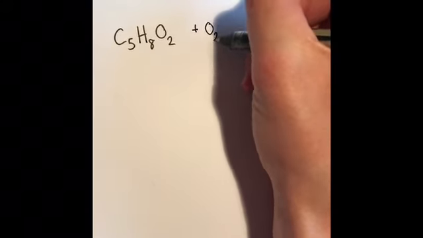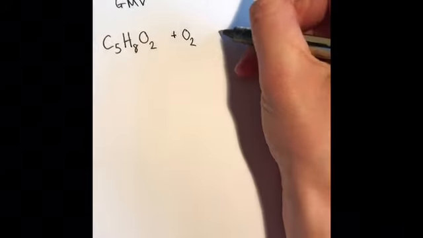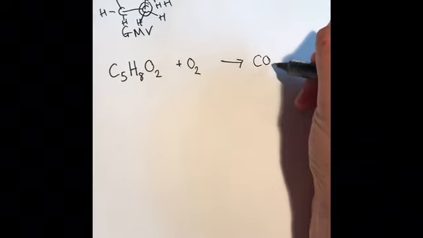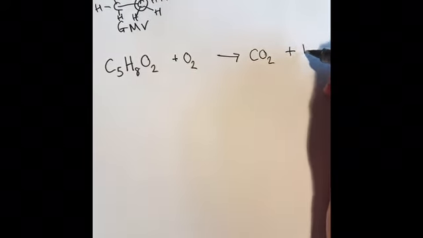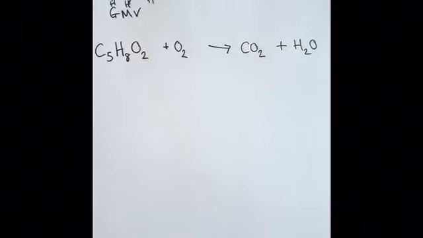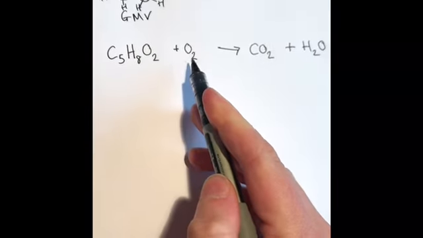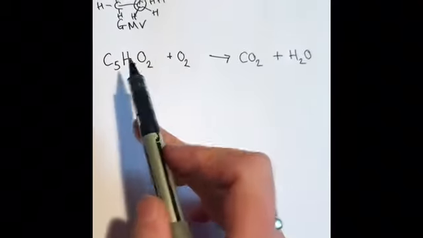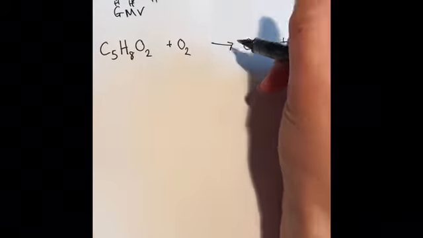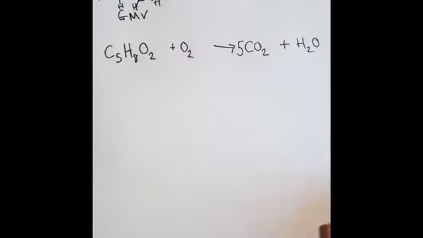So complete combustion, you should know, is burning in the presence of oxygen. And when it completely combusts, it makes carbon dioxide and water. Okay, so always leave the oxygen to be the last thing that you balance. So in GMV, we've got 5 carbons, so that's going to make 5 carbon dioxides.